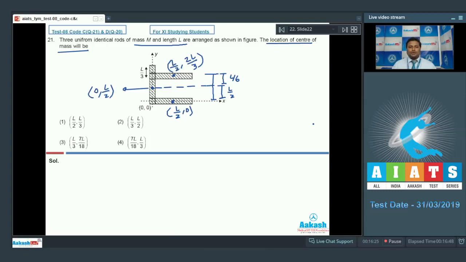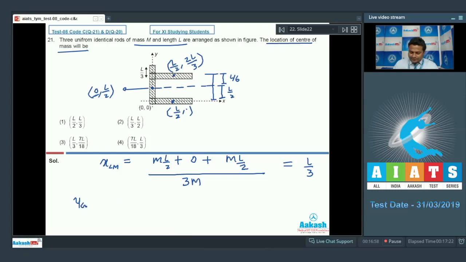Now we have got the coordinates, we have got the masses. We can calculate x center of mass as well as y center of mass. XCM is what? M1 x1 plus M2 x2 plus M3 x3 whole divided by M1 plus M2 plus M3. M into L by 2 plus second x coordinate 0, so 0, plus third M into L by 2 again, divided by total mass, that is 3M, gets you L by 3.